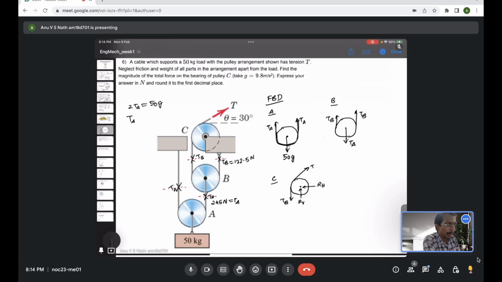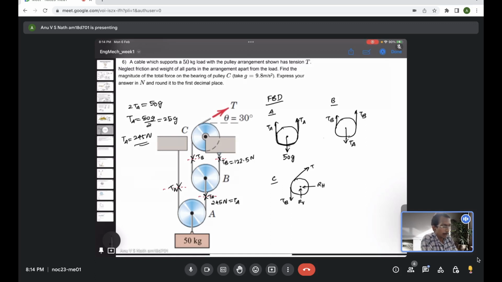So TA should be equal to 50G by 2, which is 25G. Now if you use G to be 9.8, you will get indeed 245 Newton as the tension in A.